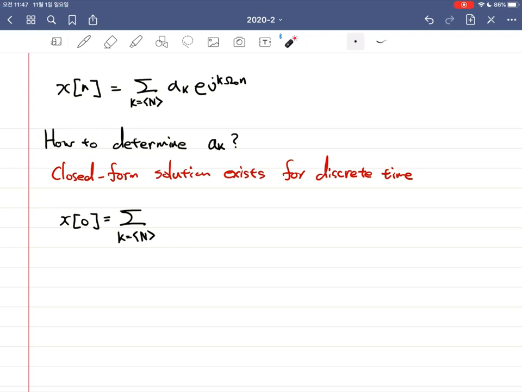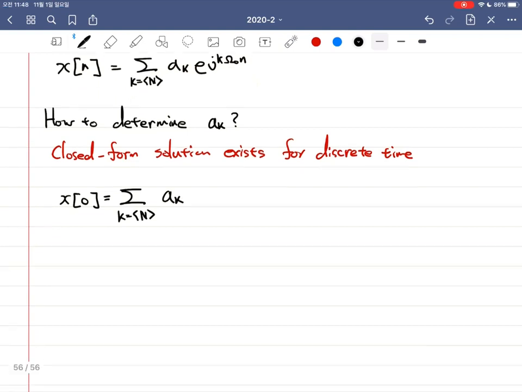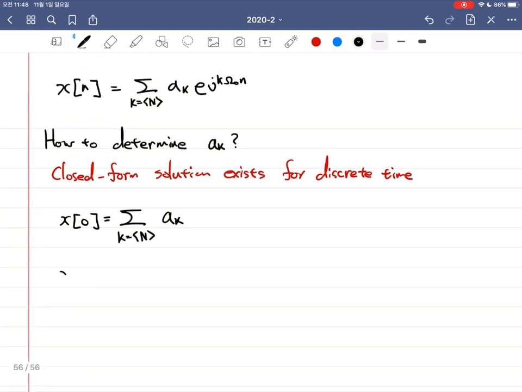However, I have this n as 0, so we have just a_k. What happens if I put 1 for n? Then I still have to do this summation for one period. However, I have a_k times e to the j k omega 0, right?